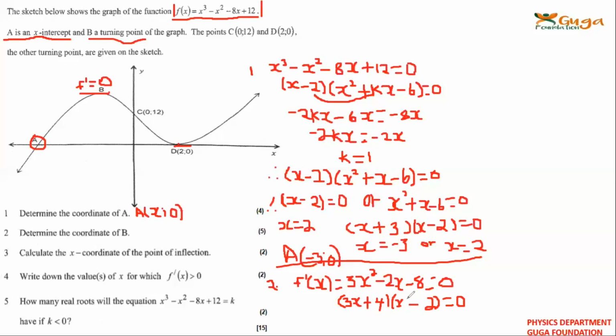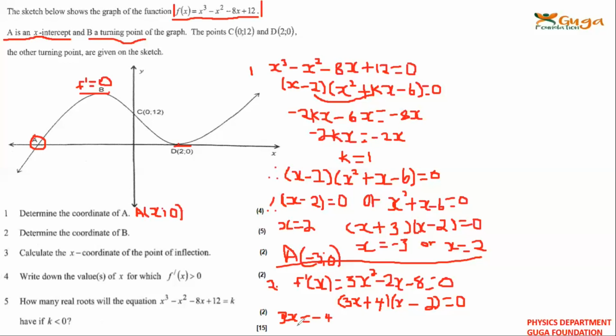So you take this bracket, equate it to 0. So your x here, you will have 3x is equal to -4.